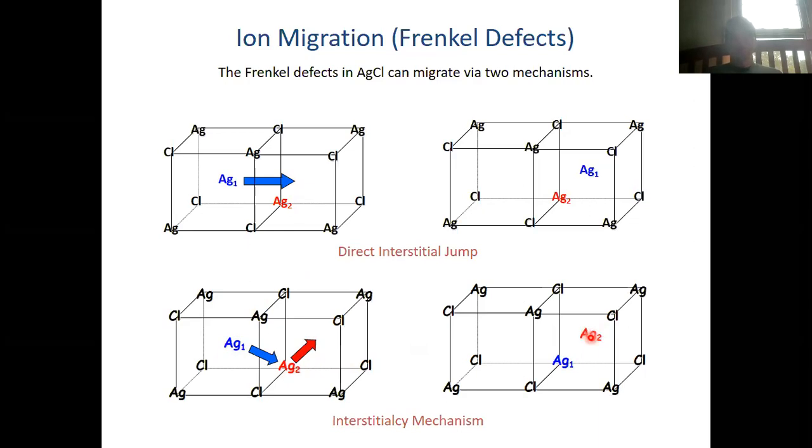This is called the interstitialcy mechanism. Both mechanisms can occur depending on the compound. Either the interstitialcy mechanism can be dominant, or the direct interstitial jump can be dominant. In the case of silver chloride, it's the interstitialcy mechanism which occurs more often than the direct interstitial jump.